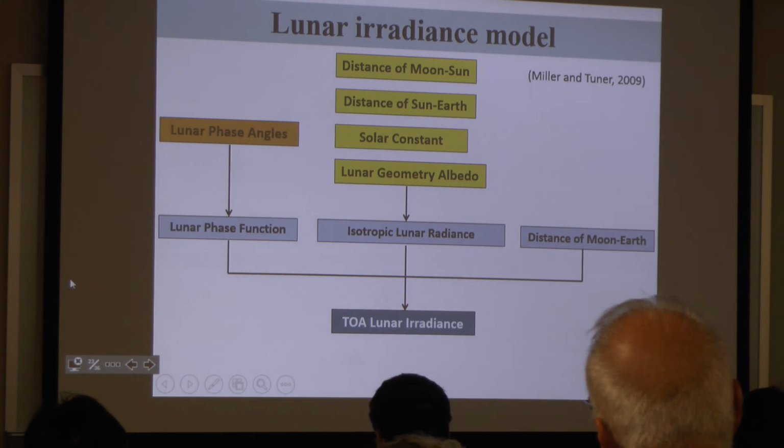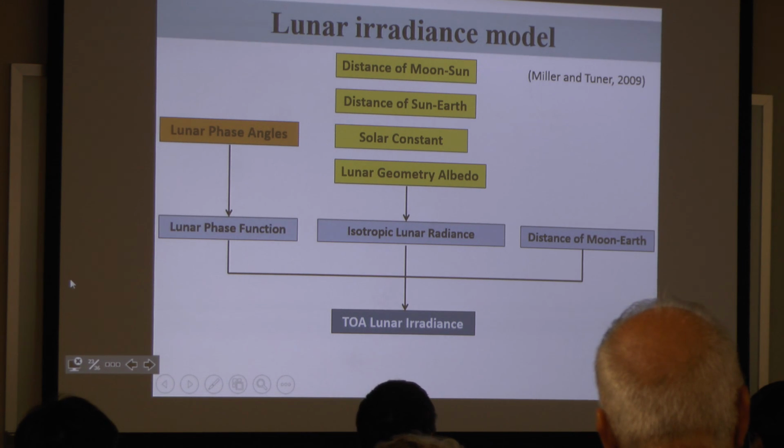However, their output doesn't provide any geolocation information. Therefore, I modified the model to calculate the lunar irradiance at a specific date, time, and place.